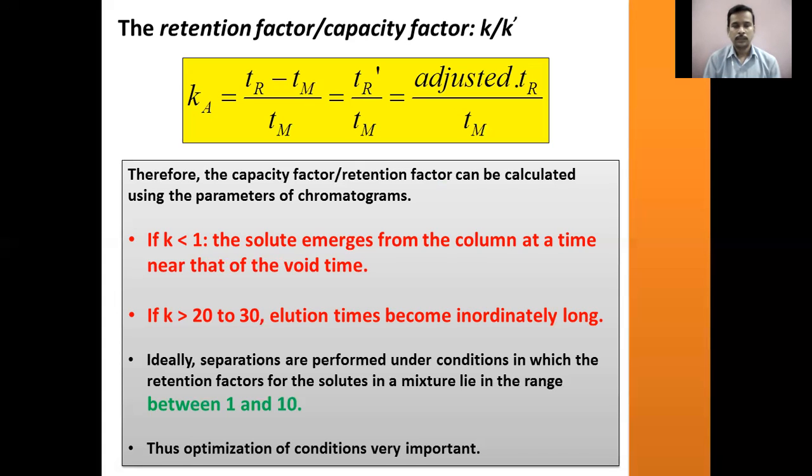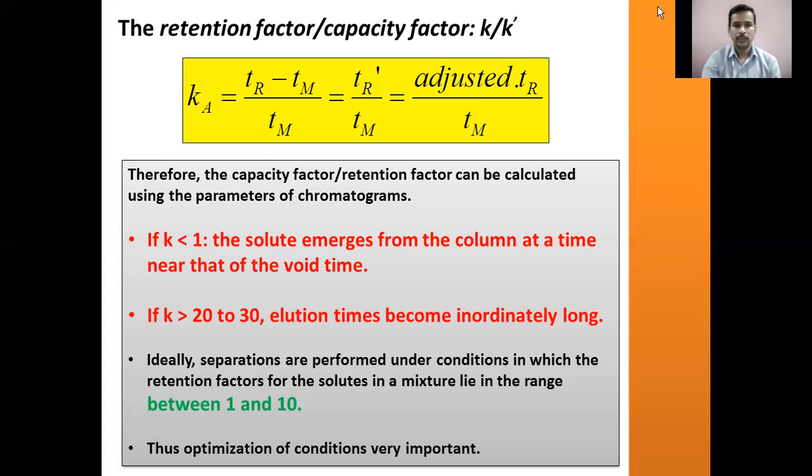And even in liquid chromatography, we can change the mobile phase composition to change the capacity factor value. If you change the mobile phase composition or the elution power of the solvent used as eluent, then the retention factor or capacity factor value can be made lesser.